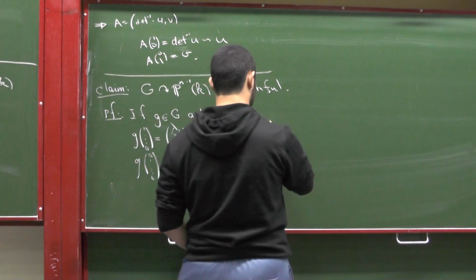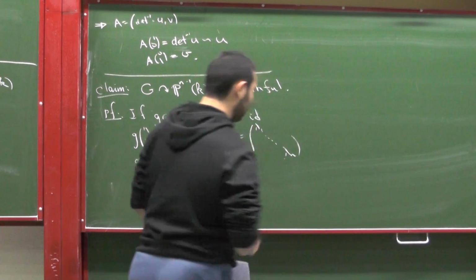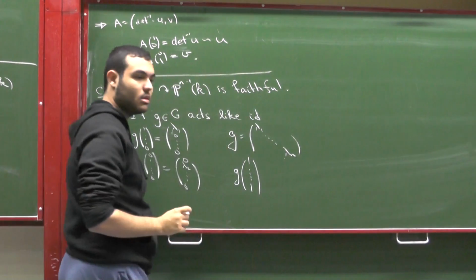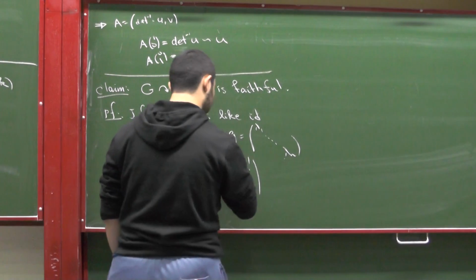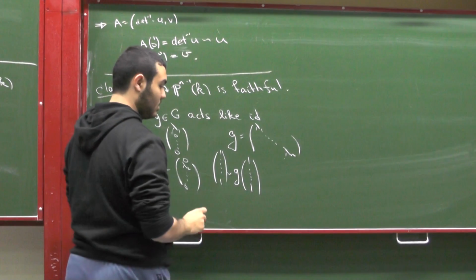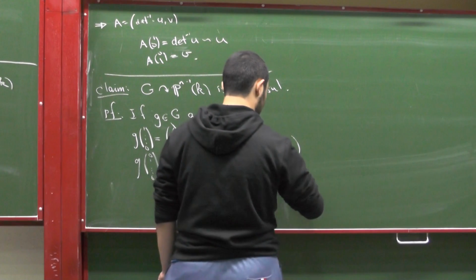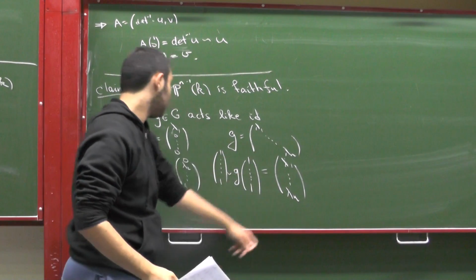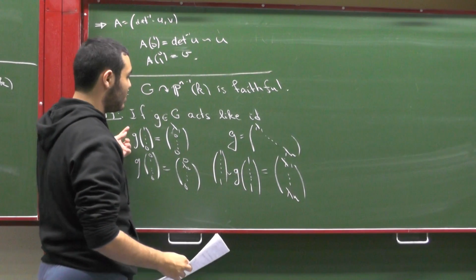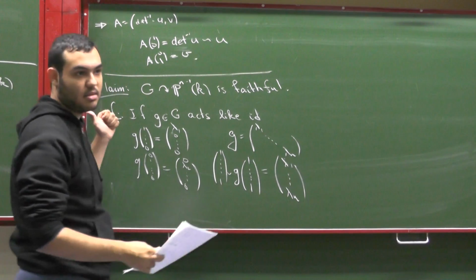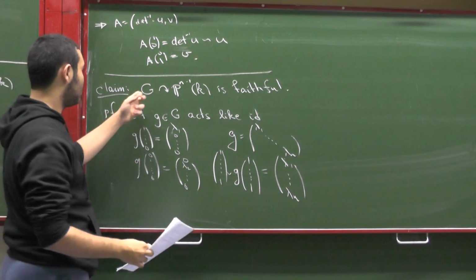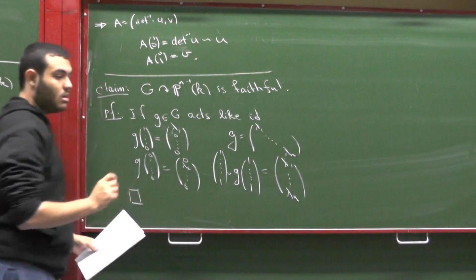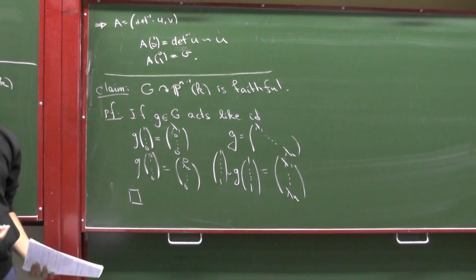This must mean that g is of the form diag(lambda_1, ..., lambda_n). But now we look at the action of g on the vector (1,...,1). This needs to be in the same equivalence class as that vector, but it's (lambda_1, ..., lambda_n), meaning that all the lambdas are equal, so the matrix we started with should be a scalar, but we already killed the scalars. So g must be the group identity. Any questions so far?